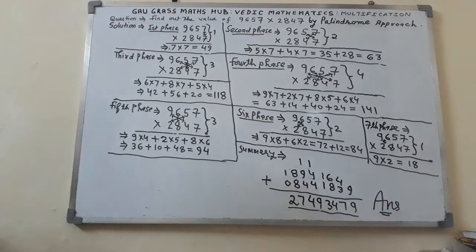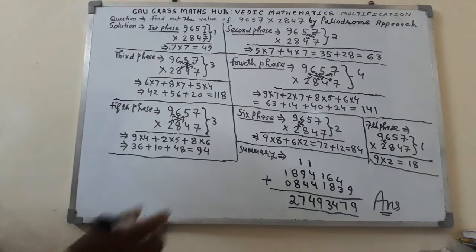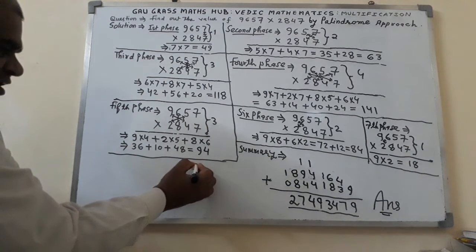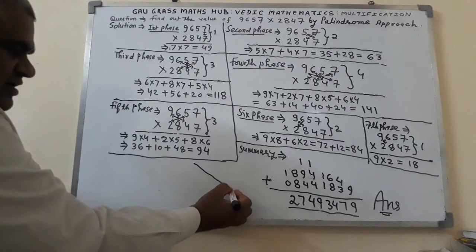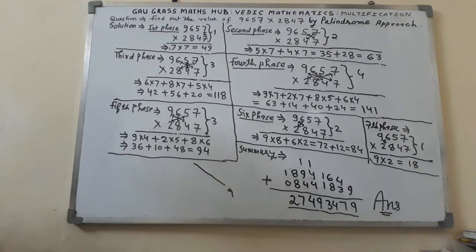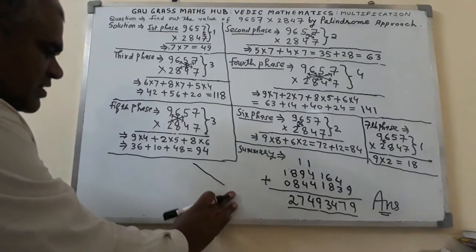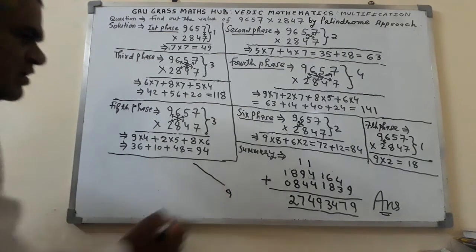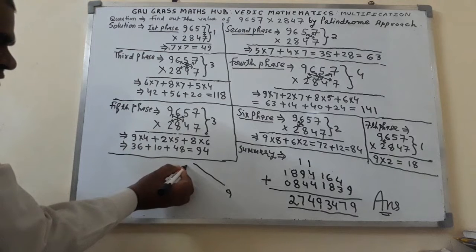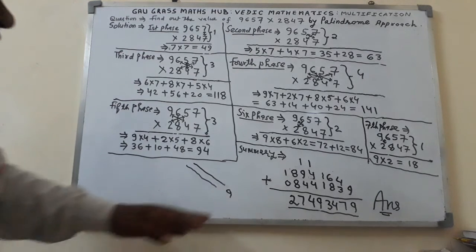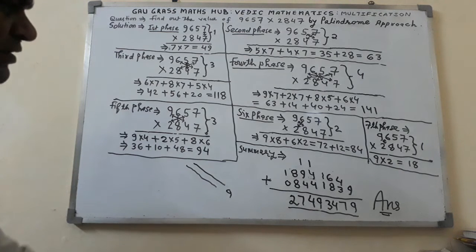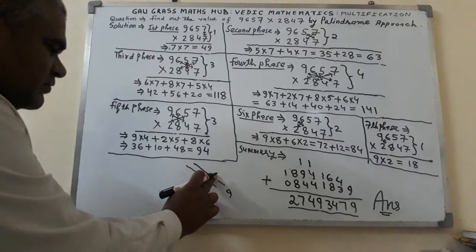So I am explaining the summary once again. Here draw a transverse line. For the transverse line write here 9. This 9 will be reflected at this 9. Again in the transverse line we have got 4 also.